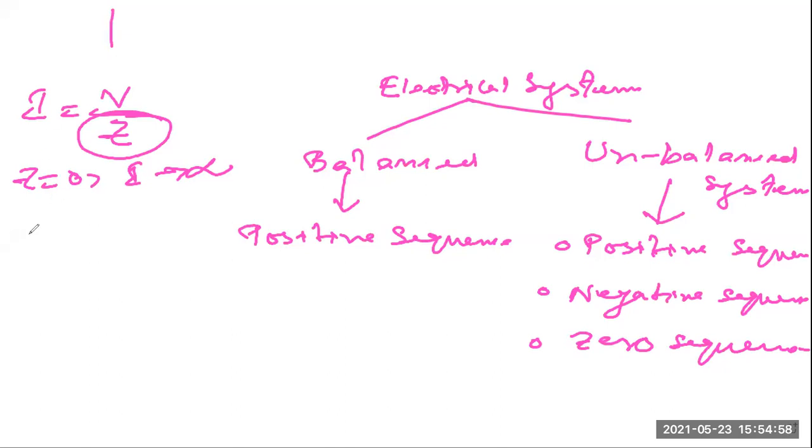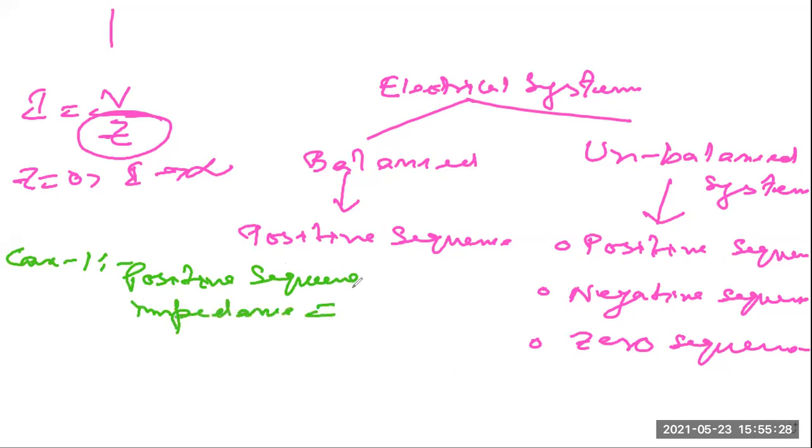Case 1: positive sequence impedance is equal to negative sequence impedance.